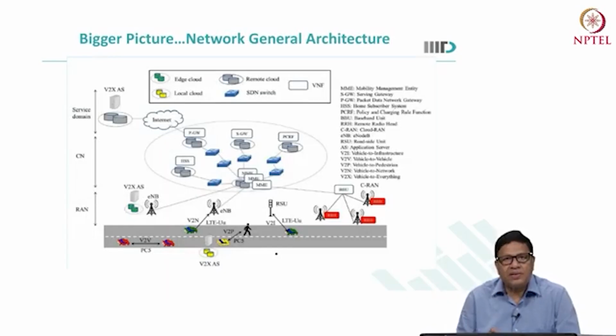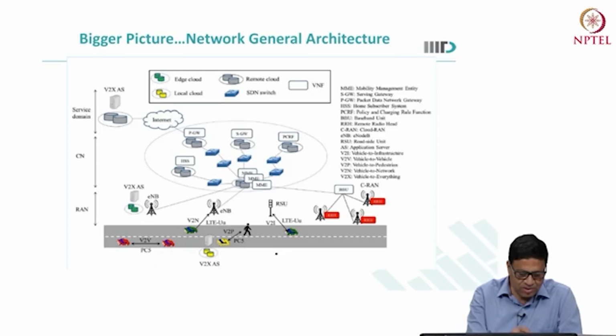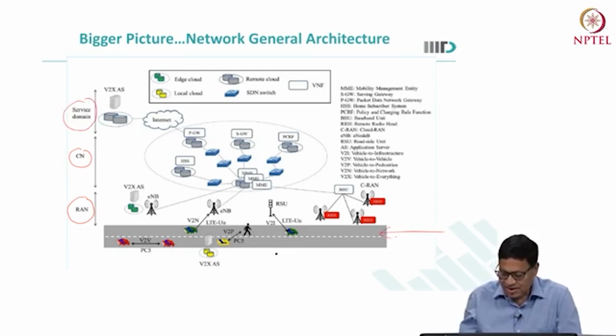This is a bigger picture of how this information is processed at different levels in the network. If I divide the whole network into three main areas: remote access network, core network, and service domain, then all the information collected in vehicle to vehicle communication is partly processed in this layer itself by the V2X application server.